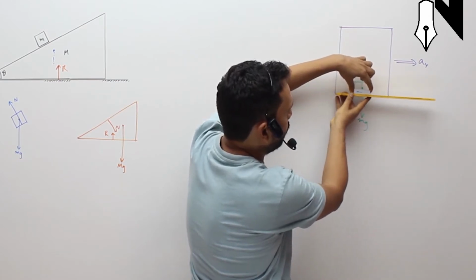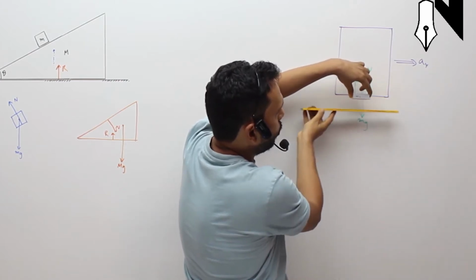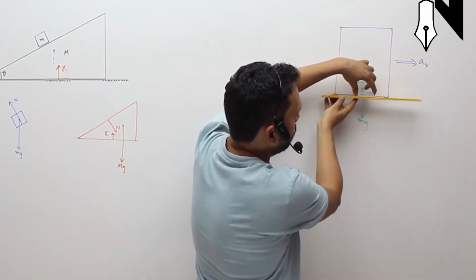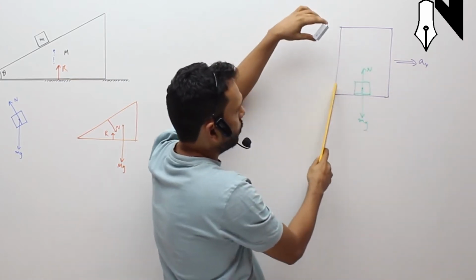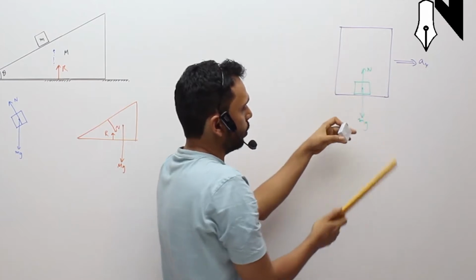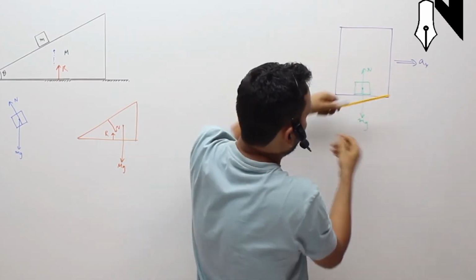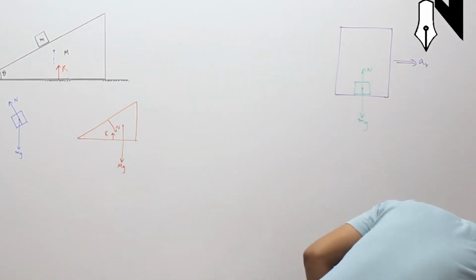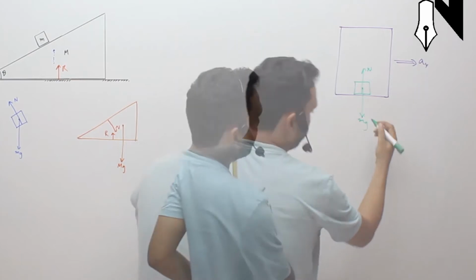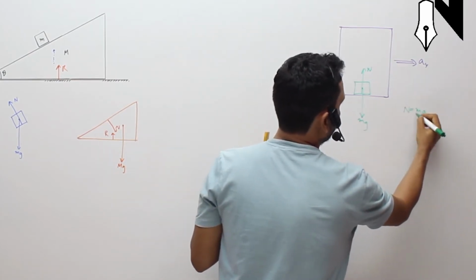Block doesn't even know that the elevator has gone forward because there is no friction on the block. So the block remains at the same spot, the elevator goes forward, and ultimately it may hit this wall. The wall of the elevator will hit the block, in fact. But what happens to the normal reaction? Since the body is neither going up nor down, the normal reaction will be equal to mg. So the normal reaction is equal to mg in this case.